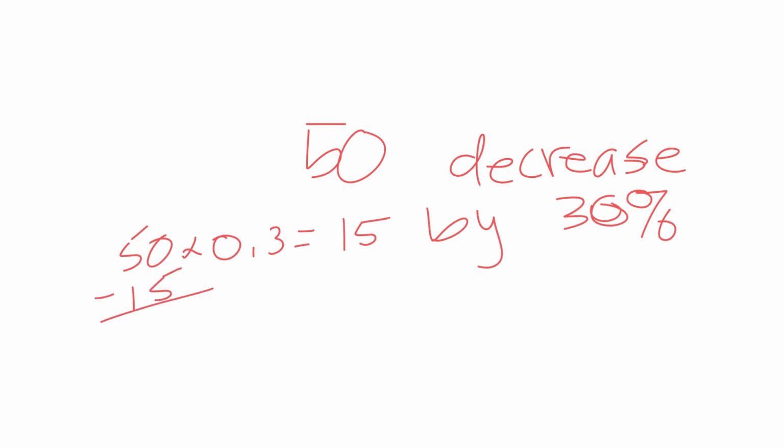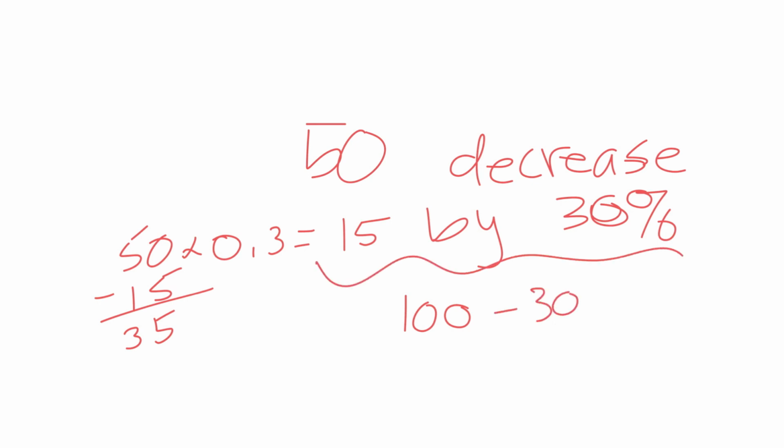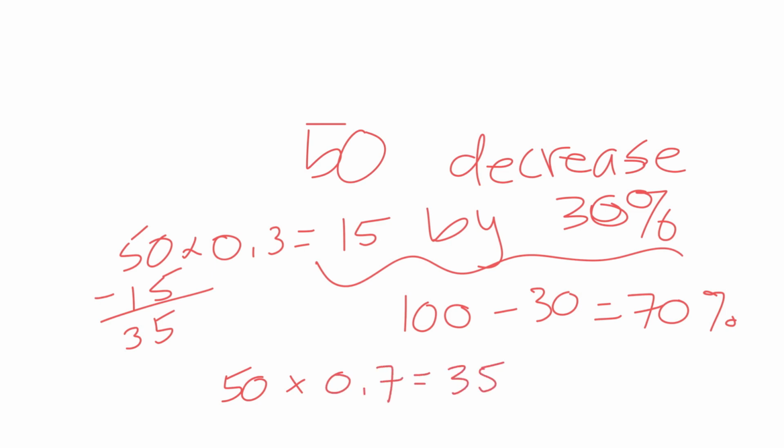Subtract that from the 50 to give me 35. Or I could say that a 30% decrease is 100 minus 30 to give me 70% of my original. And so I can do 50 times 0.7 to give me that 35 as well.